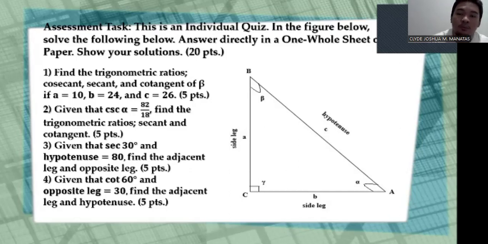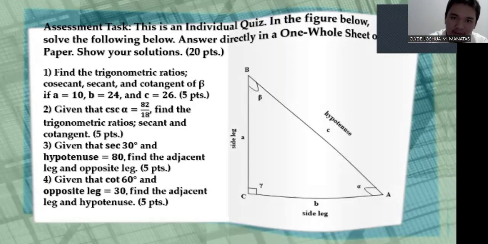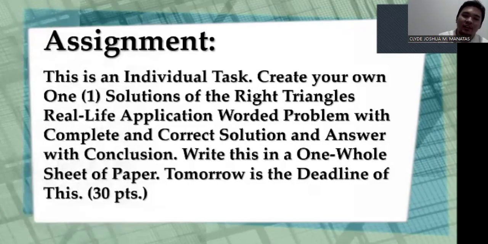Okay, so before we end our class, I'll give you an assignment. So this is your assignment. Can we now take a picture of it, please? This is an individual task. Create your own real-life application worded problem on right triangles, with complete and correct solution and answer with conclusion.